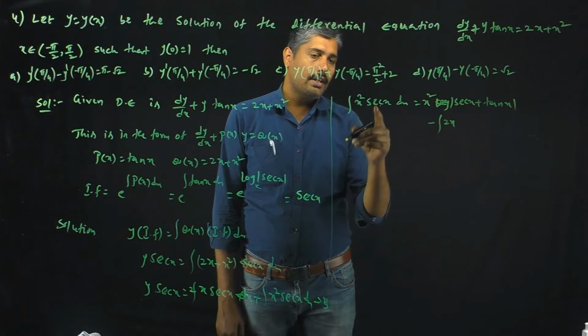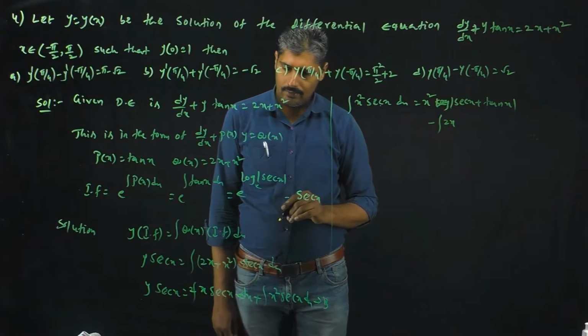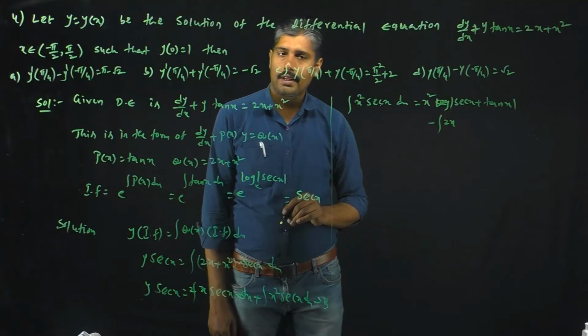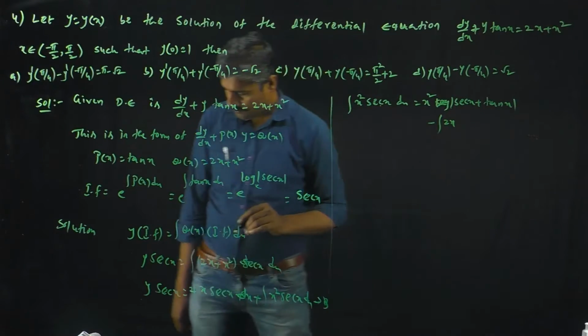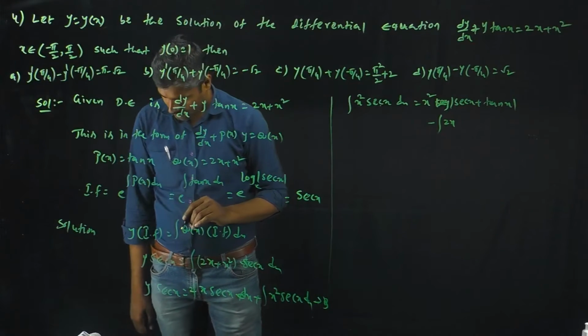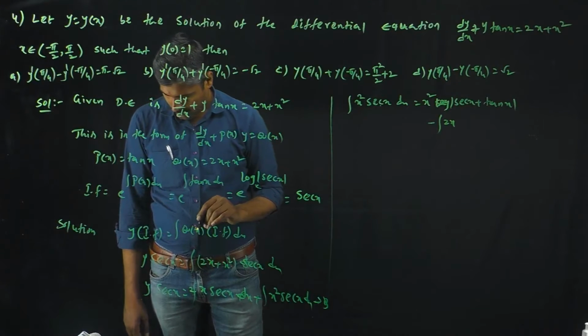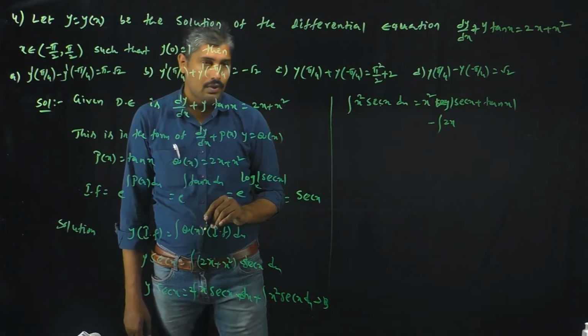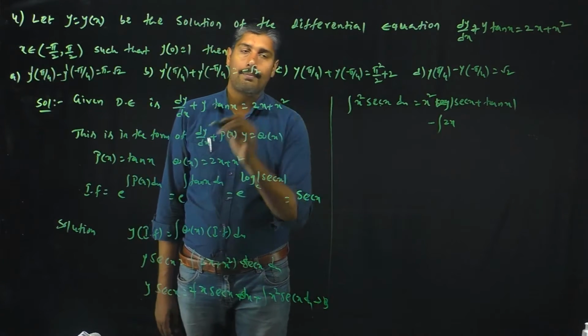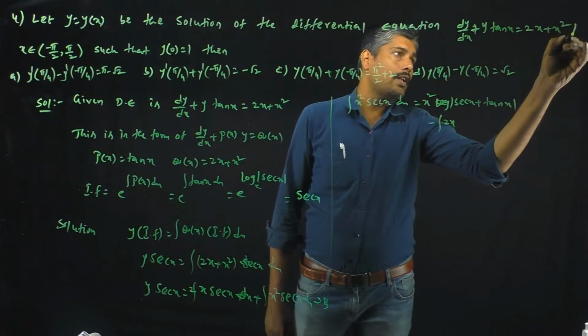Here the given problem is x square into tan x.